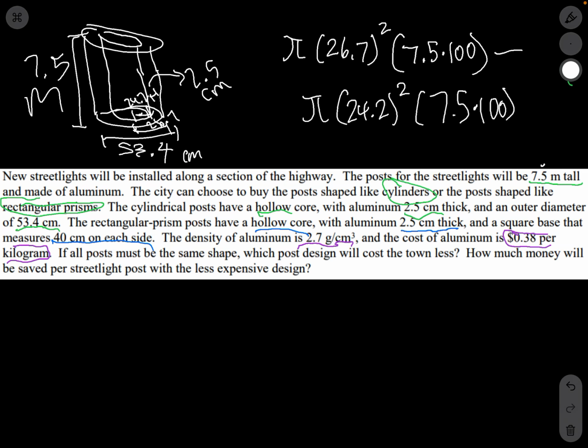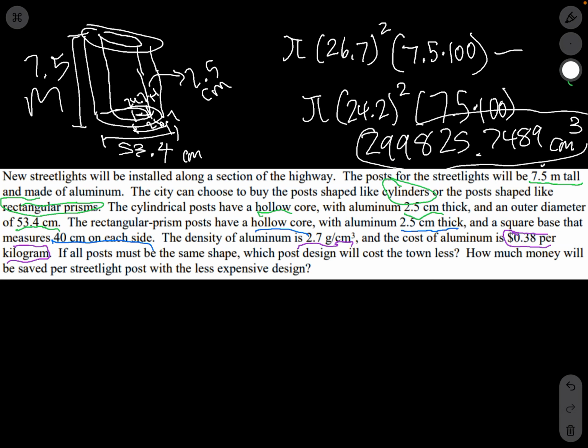Okay, let me get my calculator and do this basic arithmetic. Pi times 26.7 squared times 750 minus pi times 24.2 squared times 750 will get you 299,825.7489 cubic centimeters.